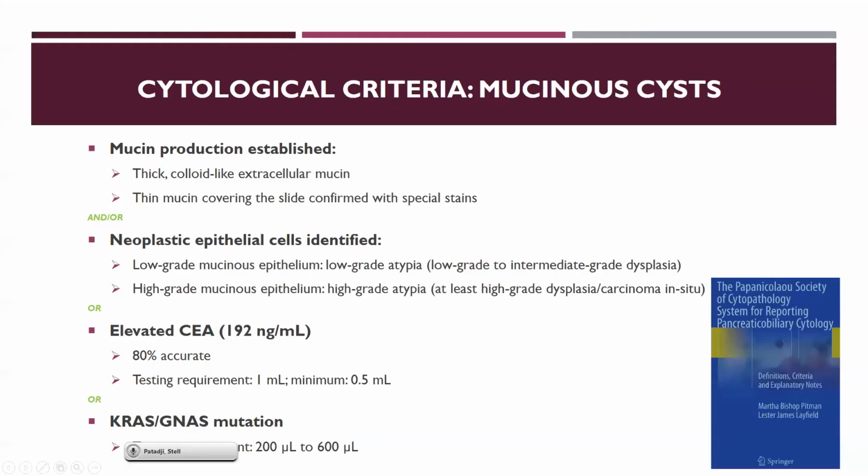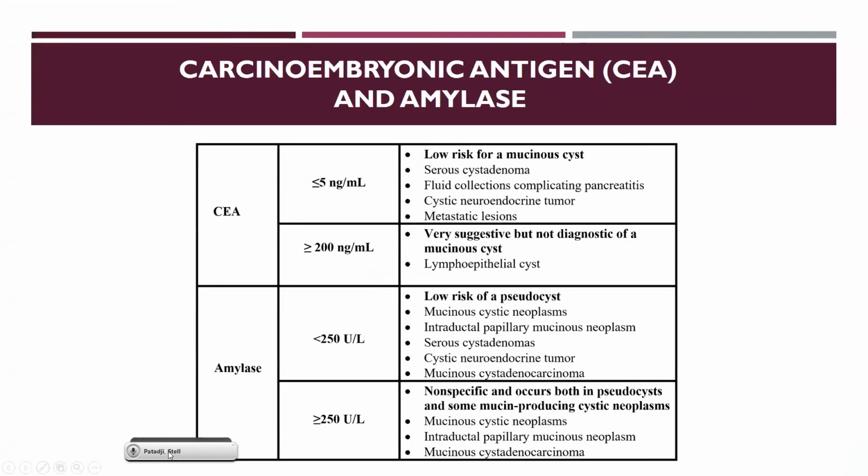are either mucin production, elevated CEA levels, or characteristic genetic abnormality such as KRAS and GNAS mutation seen in pancreatic mucinous cyst. CEA and amylase are helpful in this triage.